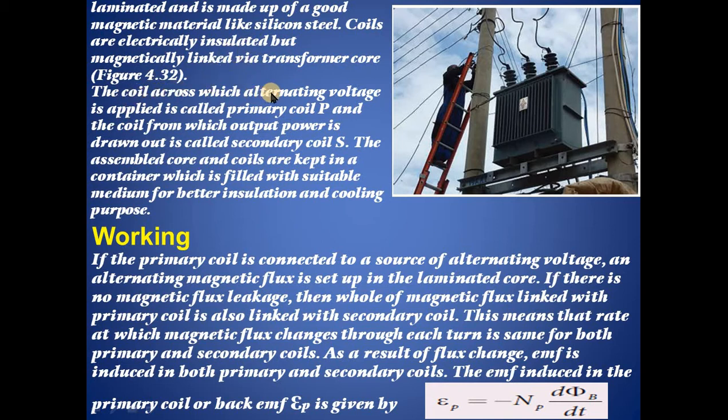The coil across which alternating voltage is applied is called the primary coil P, and the coil from which output power is drawn out is called the secondary coil S.